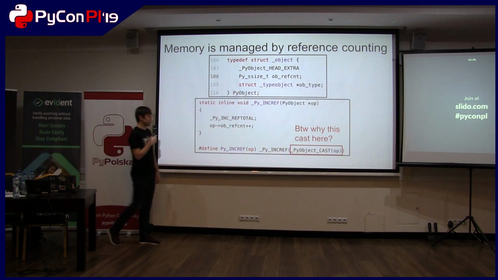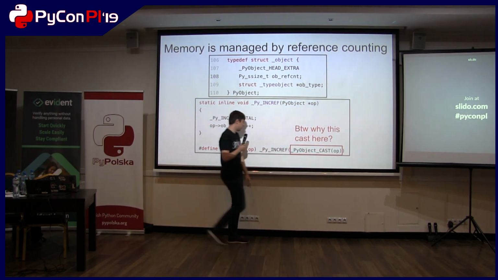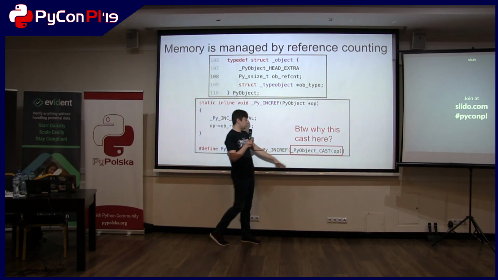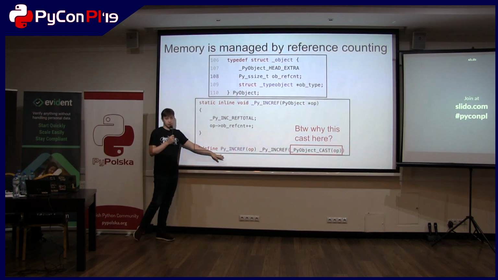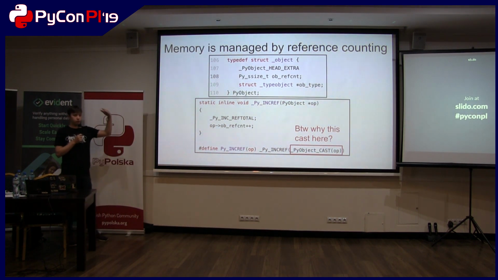The reason is that they cast whatever is coming to this macro, like this op argument, to PyObject. Because you might use Py_INCREF with a different type, and you don't want the C compiler to warn you about mismatched types whenever you are calling this function. So they just made a macro to do the cast.